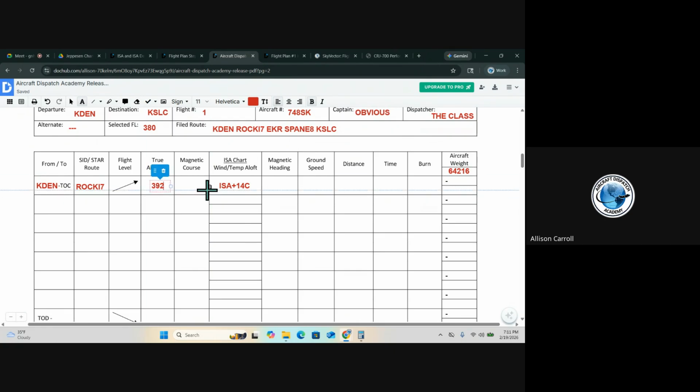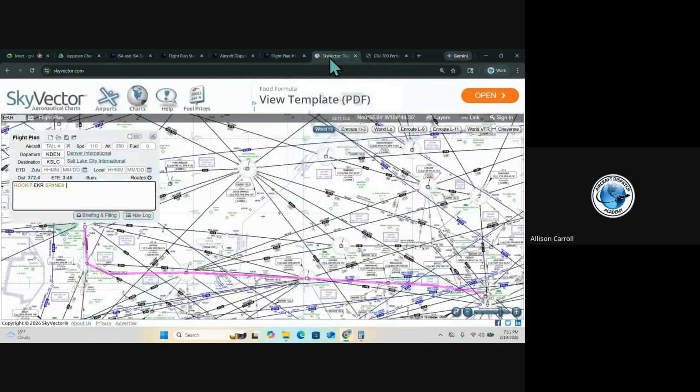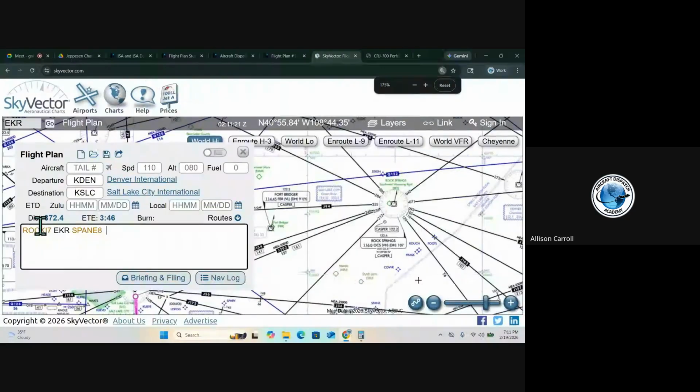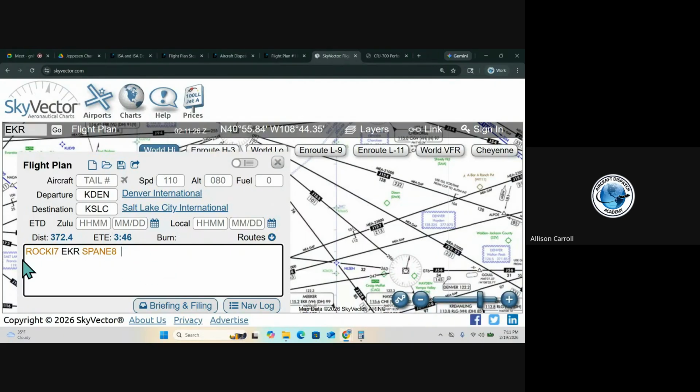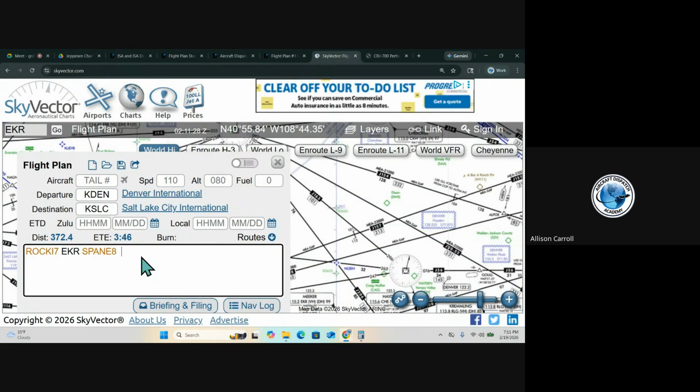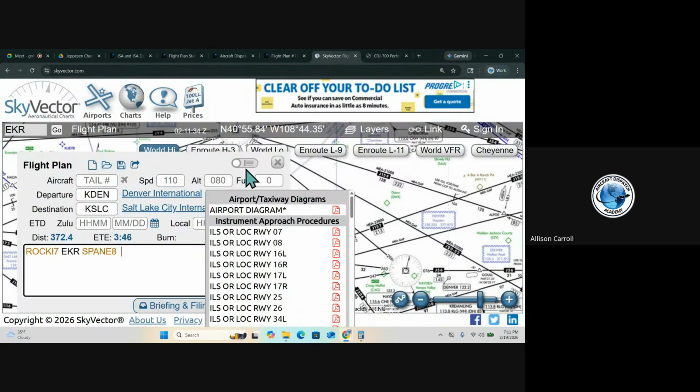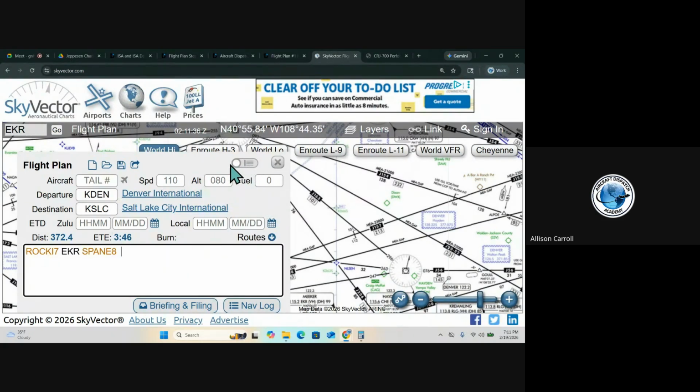Okay. Our magnetic course. Guess what? This actually comes from SkyVector. So on SkyVector, I'll zoom in here so you can actually see it a little bit better. In SkyVector, so far we have our route built. Well, to be able to figure out the course and the distances, we hit this little toggle button right here, and it's for showing the mini nav log.